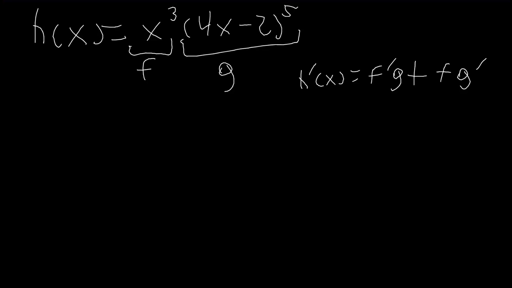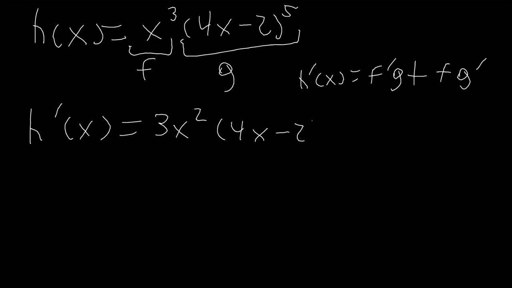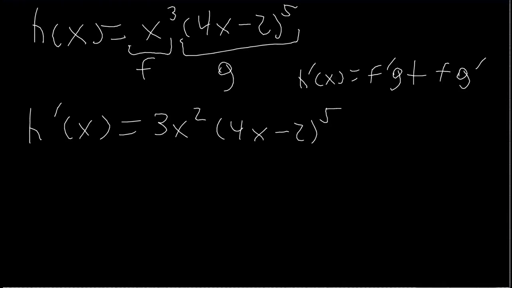It's just what order you take the derivatives in. So let's do that with this. So h prime of x is going to be equal to f prime, which is just 3x squared. G stays the same, so it's times 4x minus 2 to the power 5.